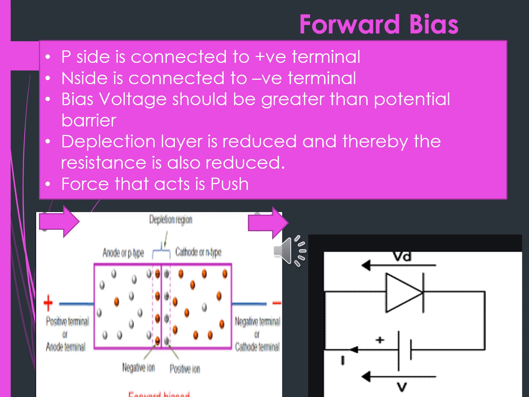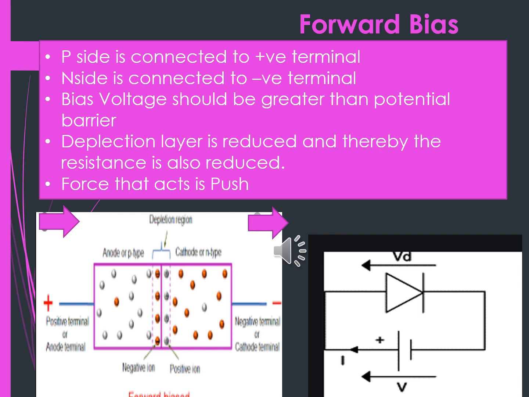Now, if the bias voltage, that is the battery we are attaching, is greater than the barrier potential, then the majority carriers move towards the junction and cross it. This causes the flow of current.